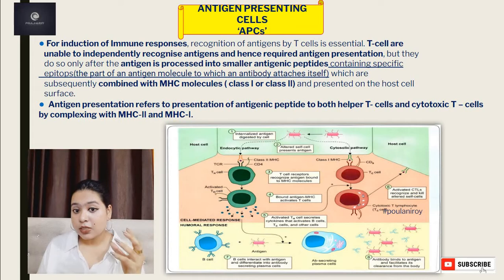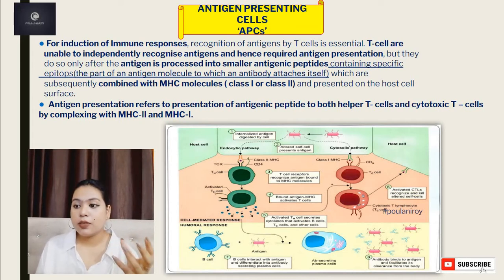Such signals are produced by the macrophages. Ultimately the altered cells get killed, and the cytotoxic T cells help in killing such cells.